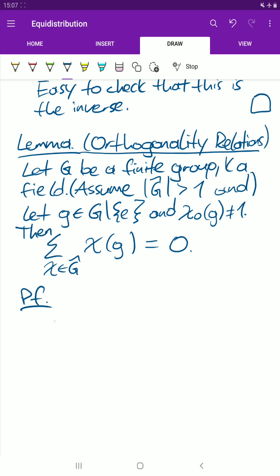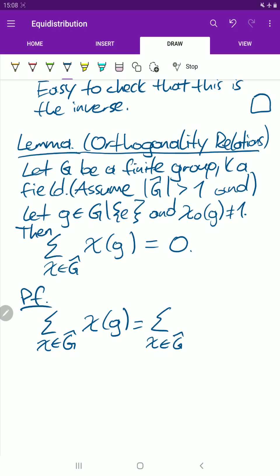Okay, so let's prove it. Let's take a character, sum over it. Okay, but now we know that actually the characters form a group. So this is also the sum over chi in the group of characters. And then we could do chi times, how did I call it? Chi naught of g.